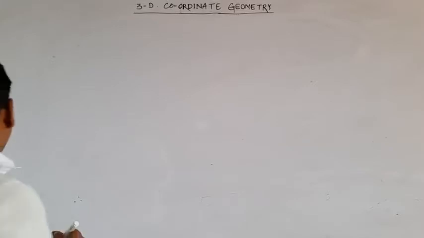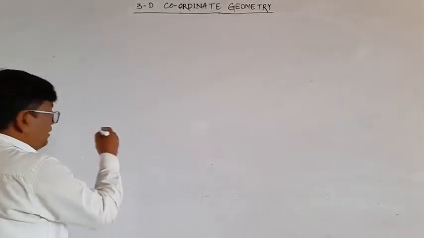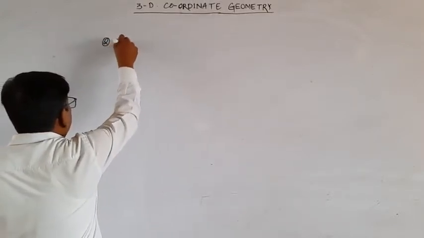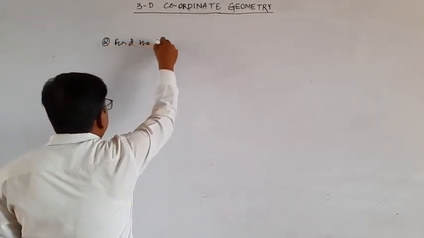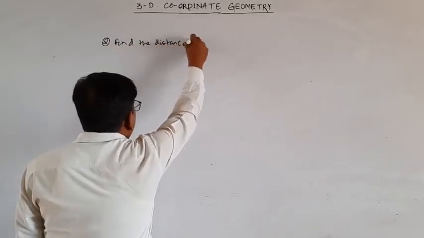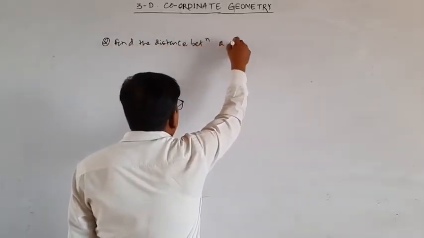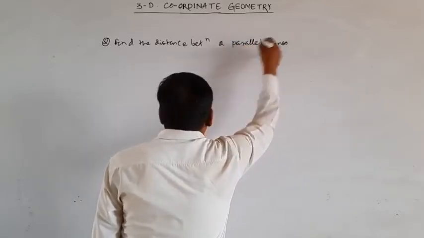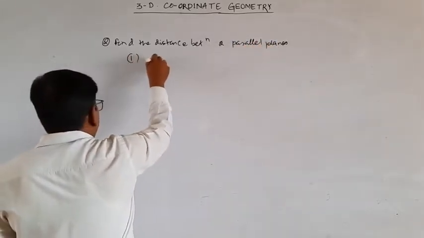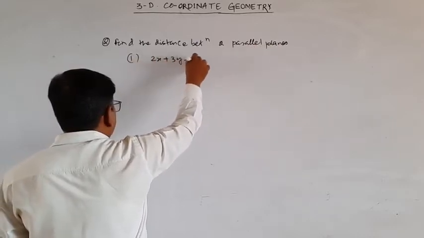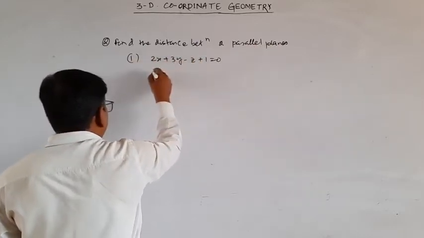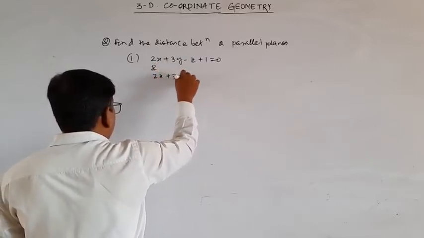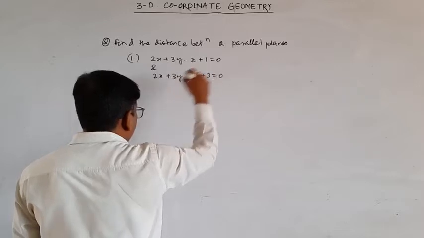Find the distance between two parallel planes. Question number 1: 2x + 3y - z + 1 = 0 and 2x + 3y - z + 3 = 0.